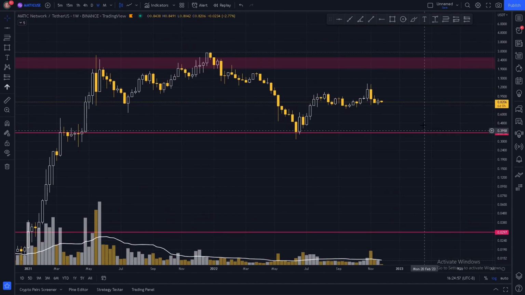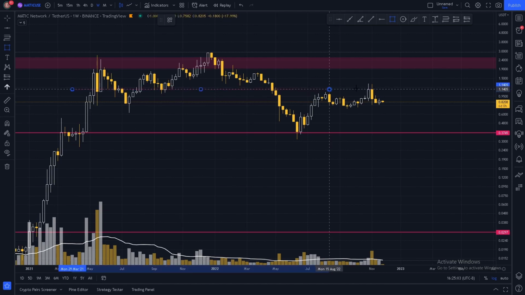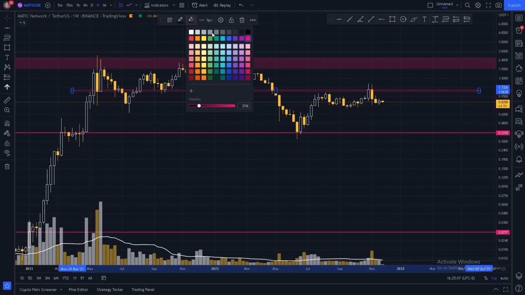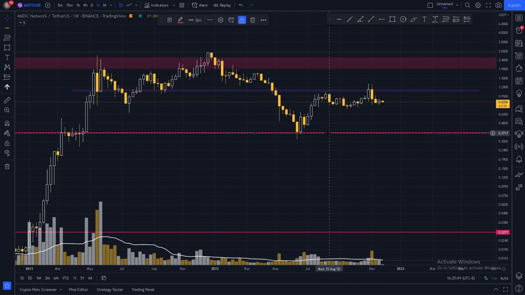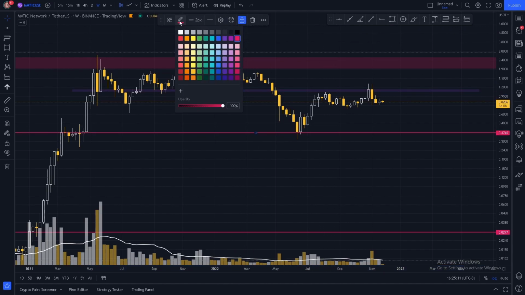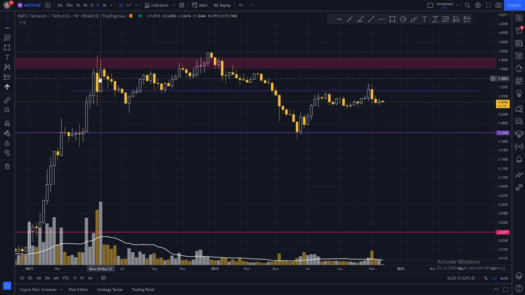Now, we can also notice key levels right here. We see price acting to the level as support and resistance.